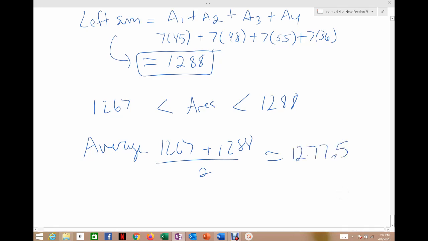Comes out 1277.5. So my estimation is that the sales will be about, again, remember it's in hundreds of dollars, so I'm just going to multiply by 100.